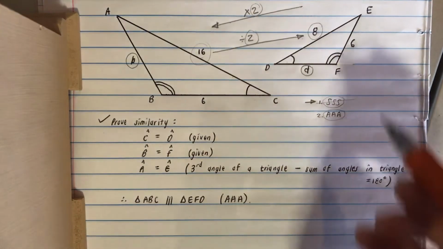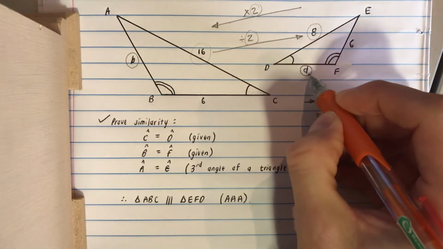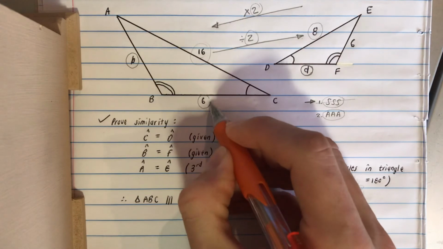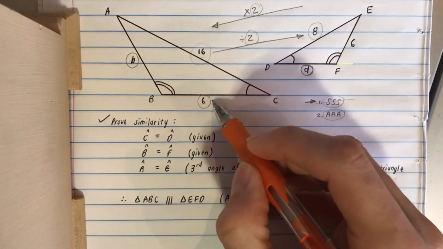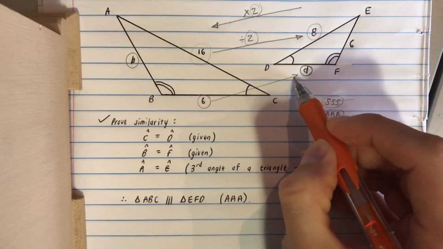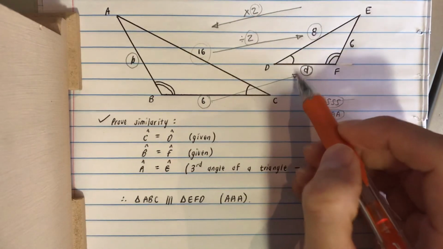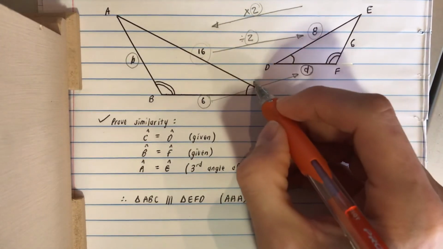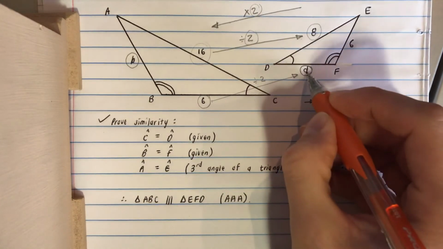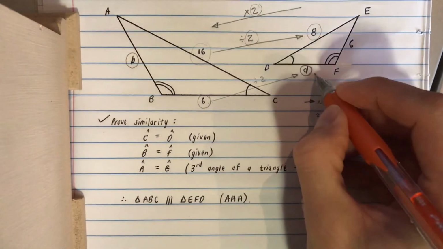Okay, so let's first look at D. The corresponding side is 6. So we want to go from 6 to D. If we move from the bigger to the smaller, we divide with 2. So what will D be? 6 divided with 2, that will give us 3.